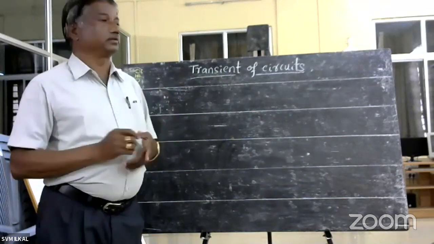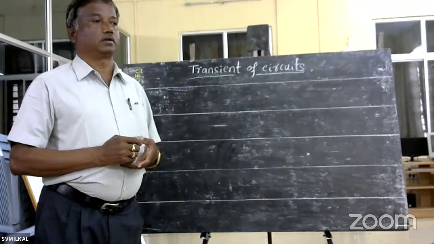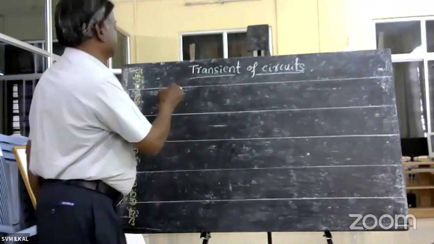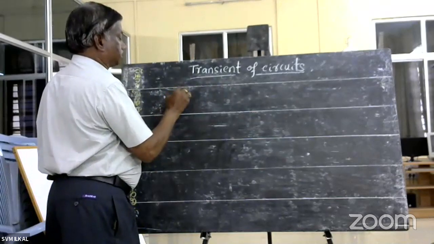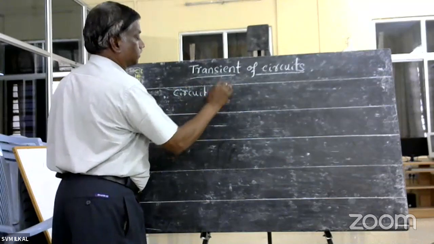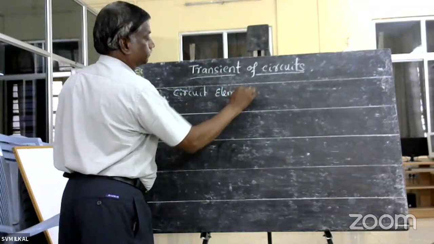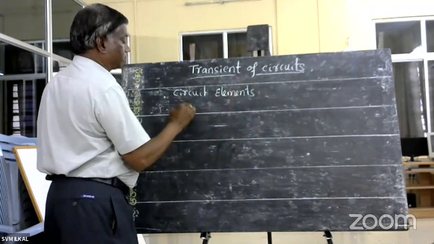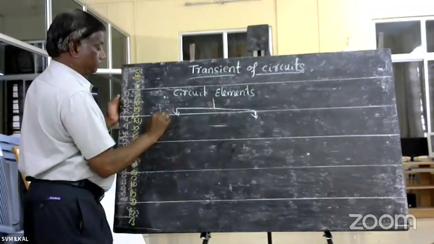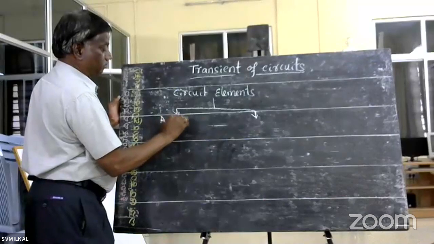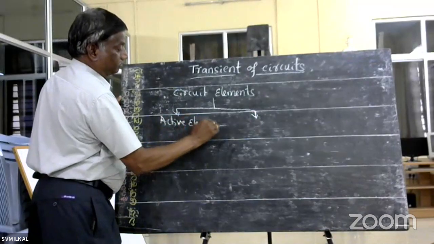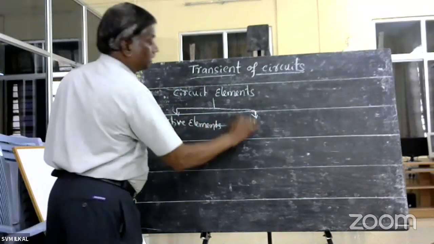So before that, you have to know about some circuit elements. What are the circuit elements? Circuit elements are of two types: active elements and passive elements.